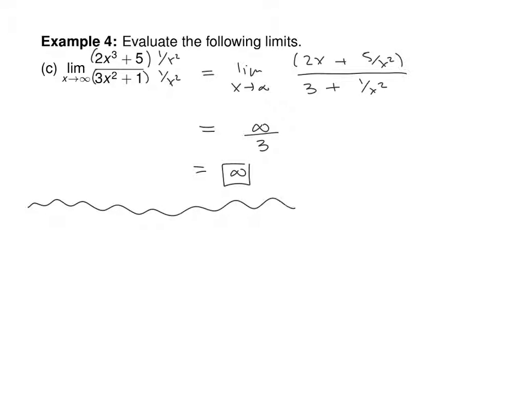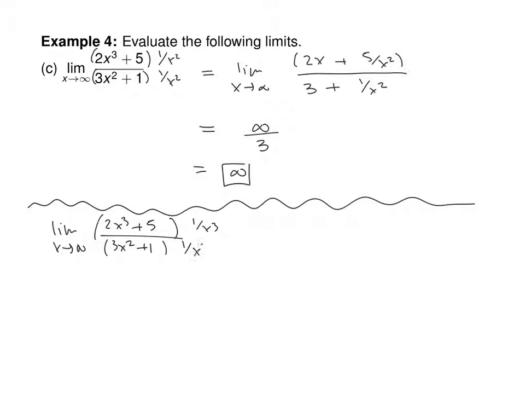Here's the reason the other way is confusing. Multiplying by 1 over x cubed, it'll work, it's just you have to be a bit clever about the interpretation. It becomes 2 plus 5 over x cubed over 3 over x plus 1 over x cubed.